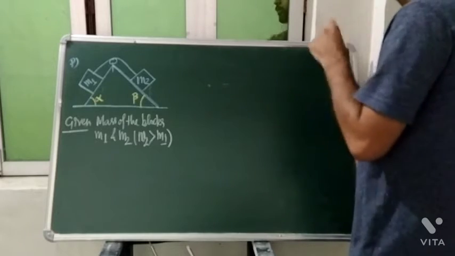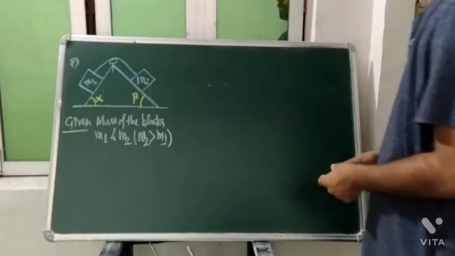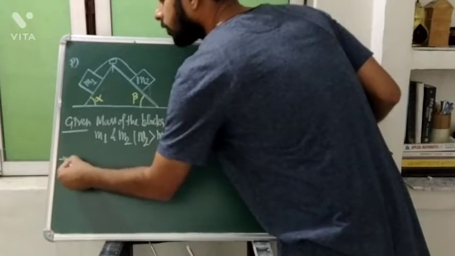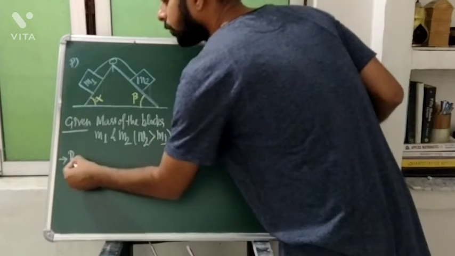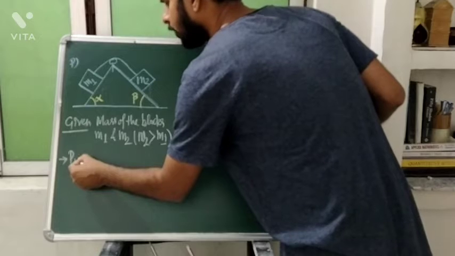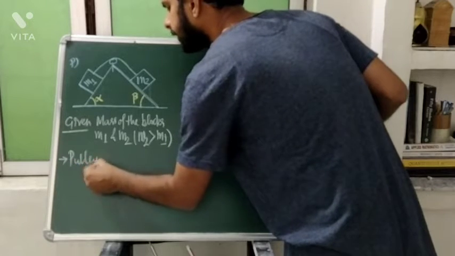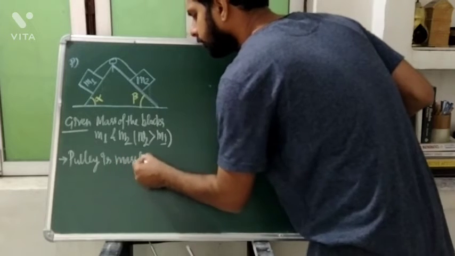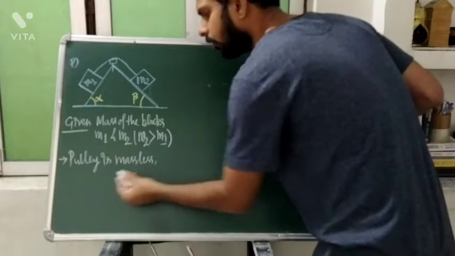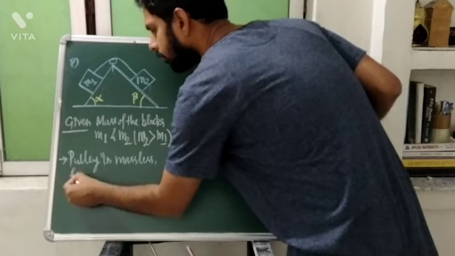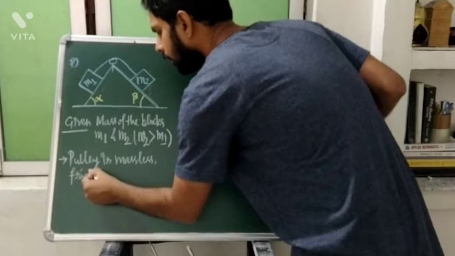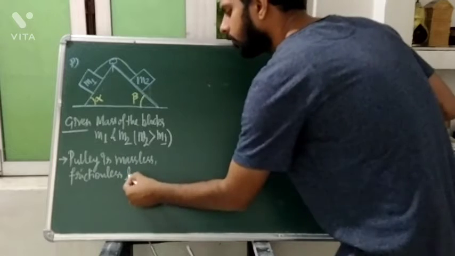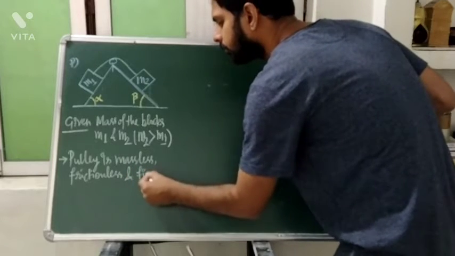And students, these are given to us. For the pulley, we are not considering the mass of the pulley, and it is frictionless as well. So the pulley is massless, frictionless, and fixed.